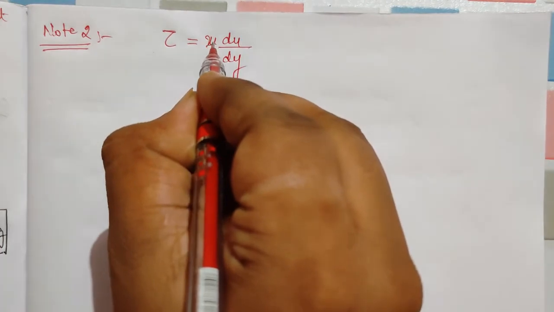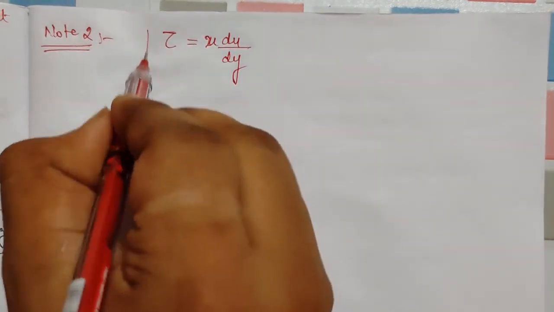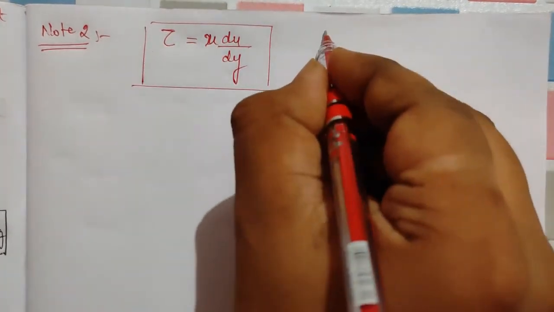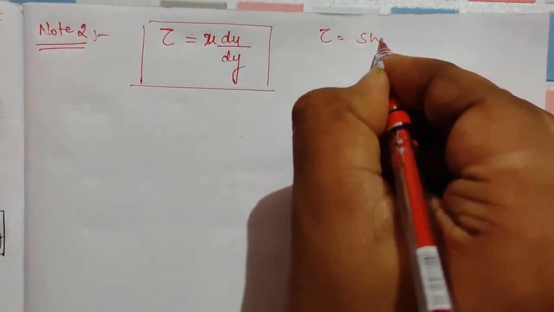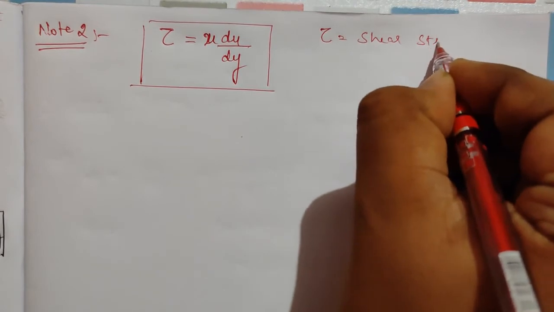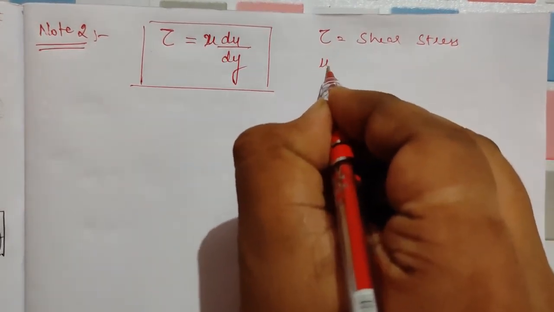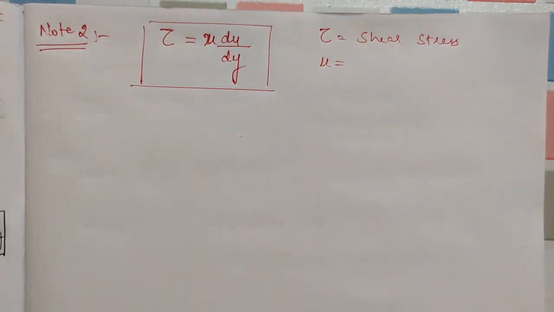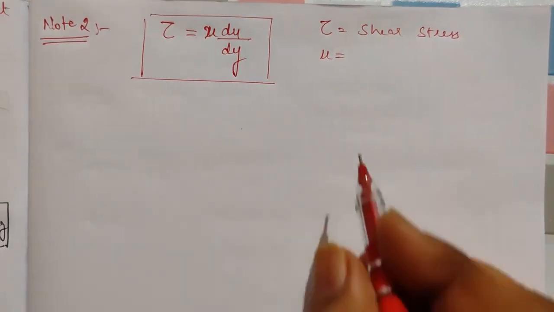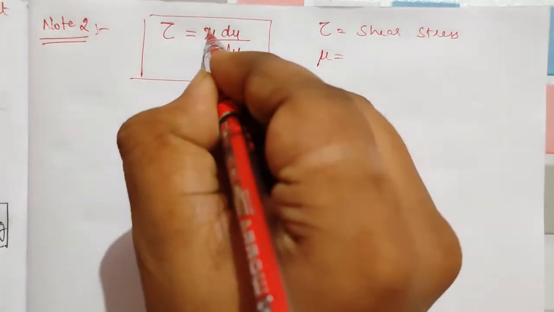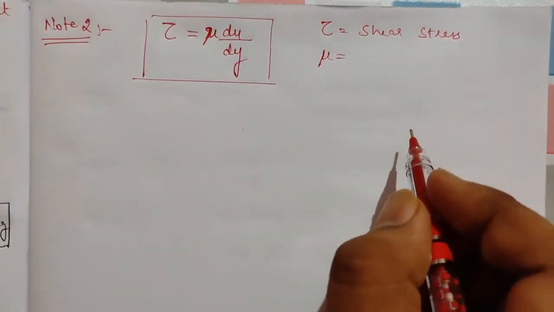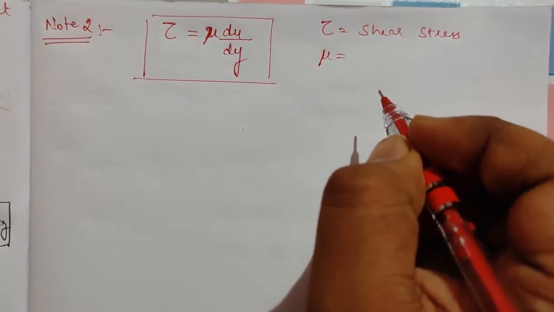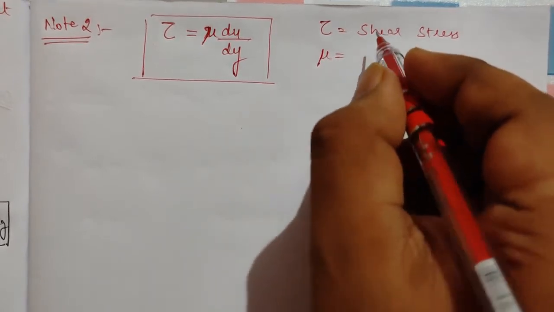Here tau is nothing but your shear stress, mu is nothing but your coefficient of proportionality or coefficient of dynamic viscosity.